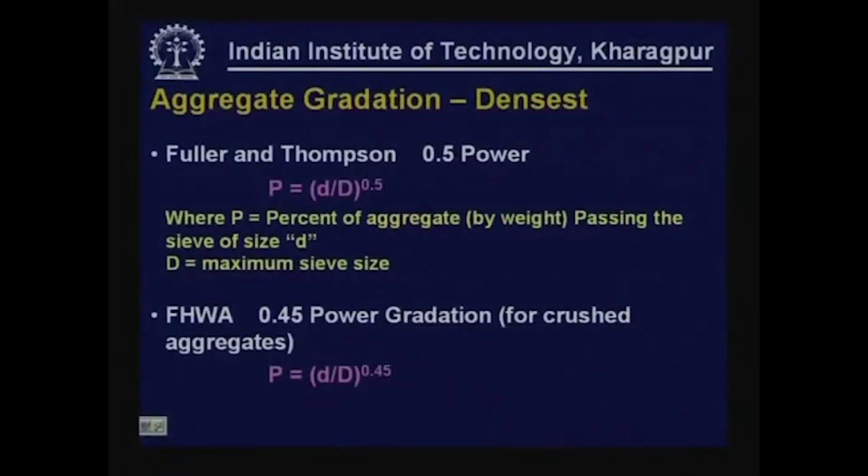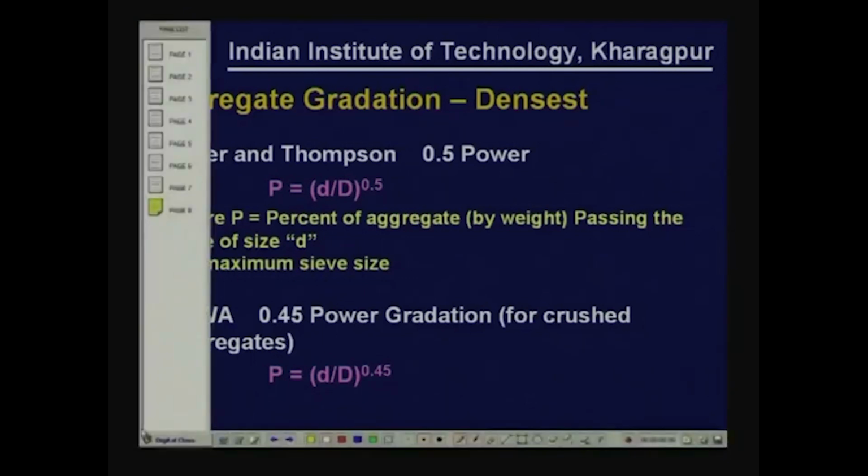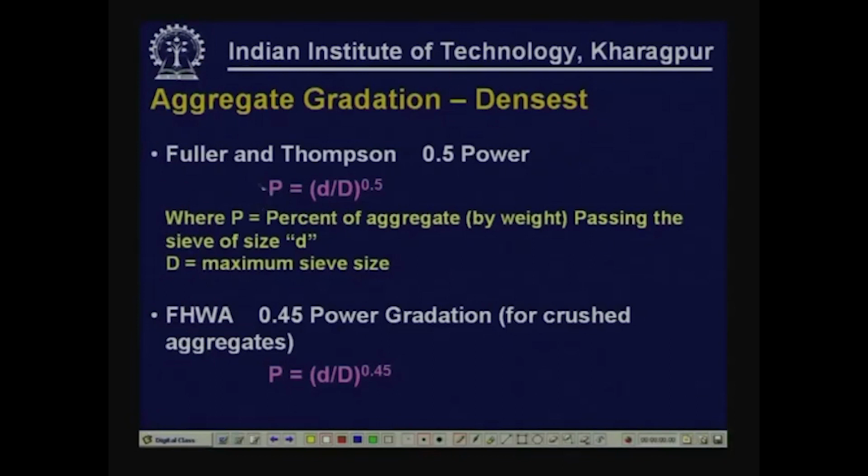Densest gradation for a given maximum size is expected to be obtained if it follows the Fuller and Thomson formula, which is given by P = (d/D) to the power 0.5, where P is the percentage of aggregate passing the sieve size d, and D is the maximum sieve size.